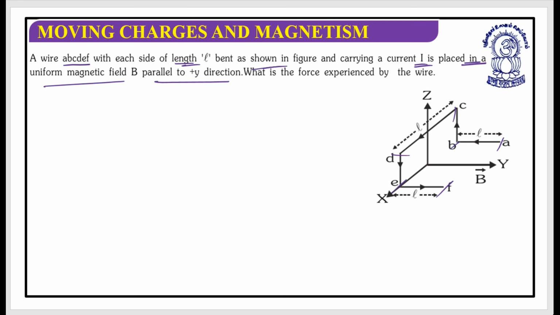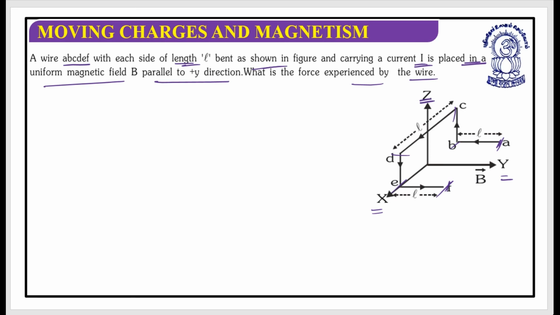What is the force experienced by the wire? Go through the figure carefully: this is the y-axis, this is the z-axis, and this is the x-axis. Your wire begins here and ends over here.